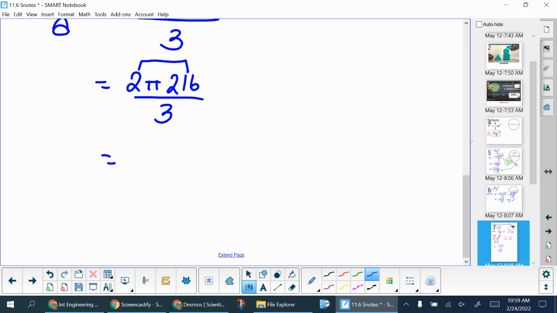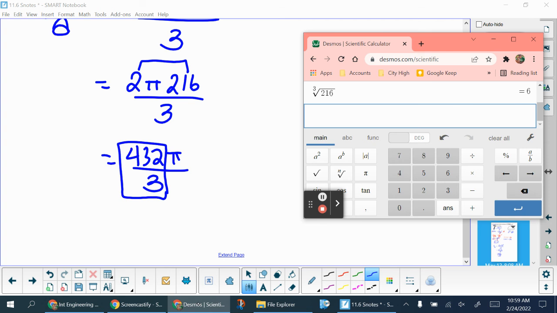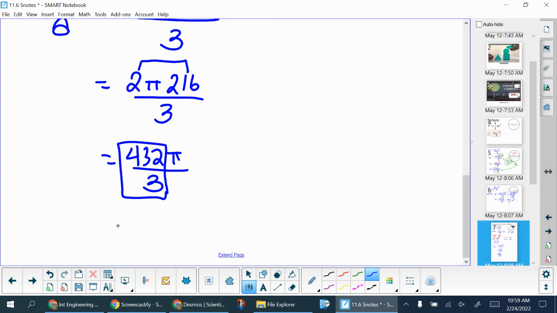That's going to equal 432 pi over 3. And to check to see how that simplifies, I could grab a calculator and type 432 divided by 3, and it says that's 144. So we get 144 pi as our volume, which is exactly what we started with.